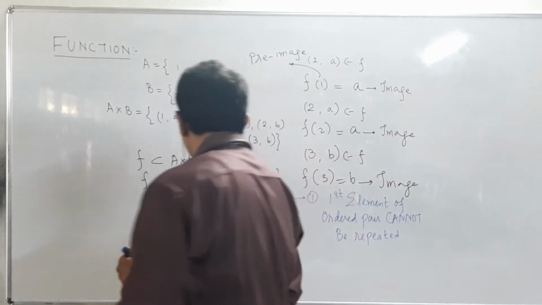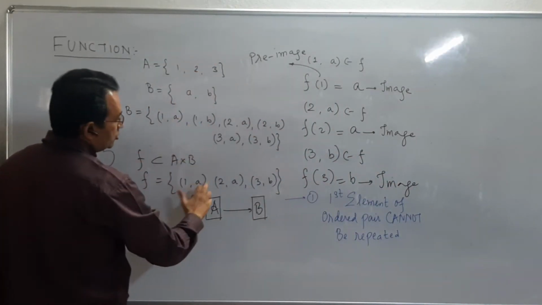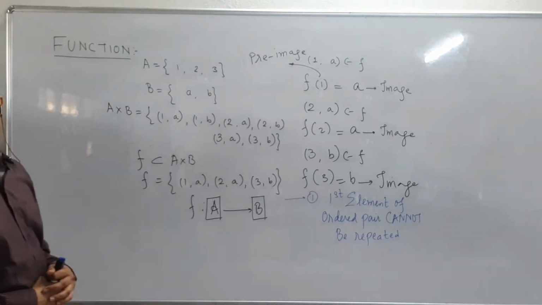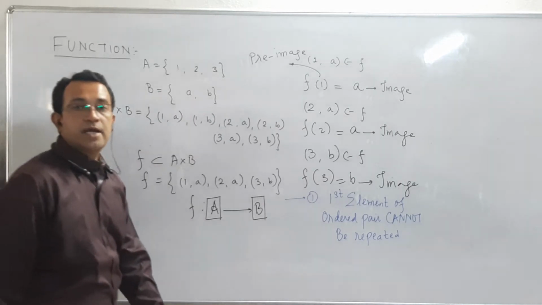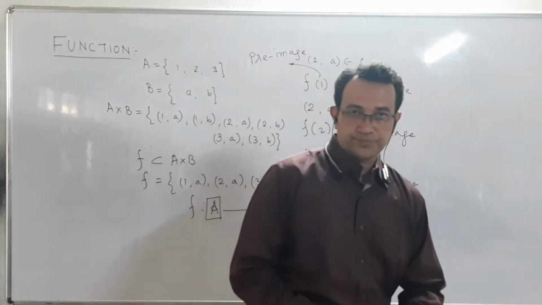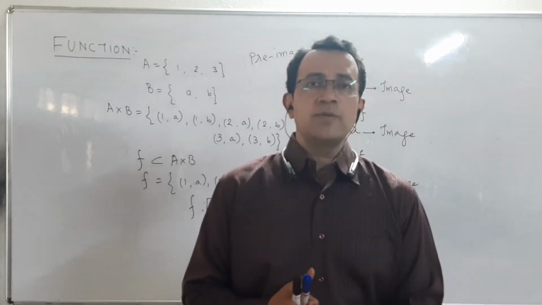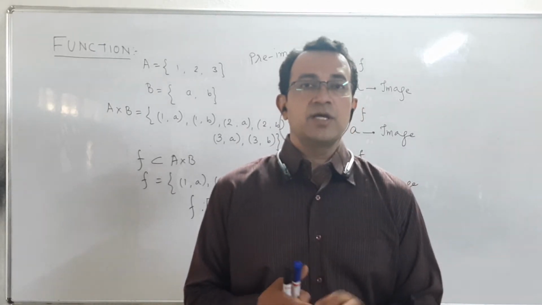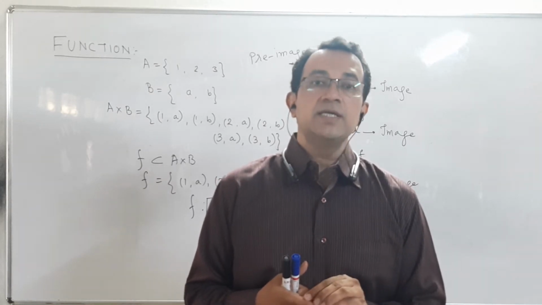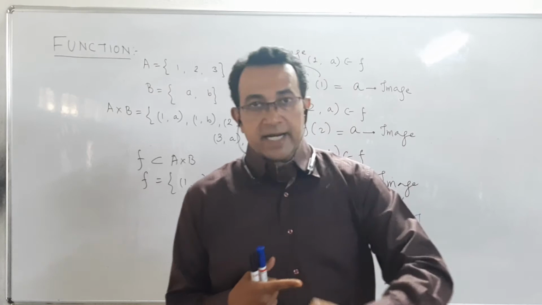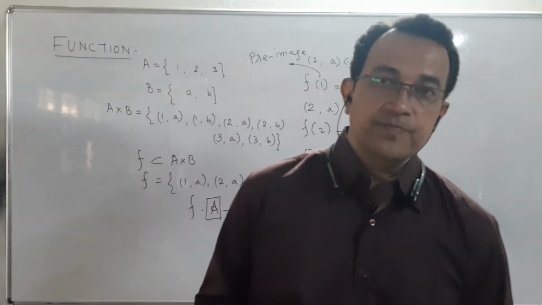And in the definition only I told, for every element of A, we have a unique image in the set B. So none of the elements of A can remain unassociated. So remember two important things for function. In the ordered pair representation of a function, the first element of the ordered pairs can never be repeated. The second element can be repeated n number of times.